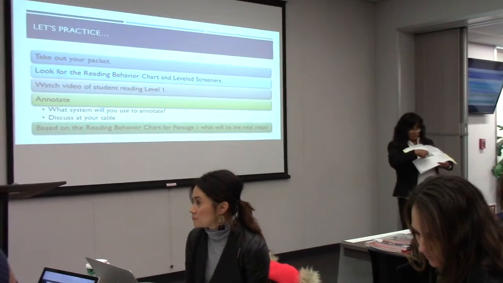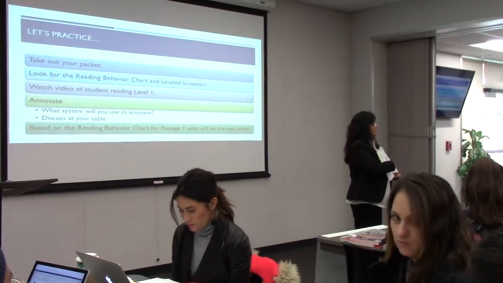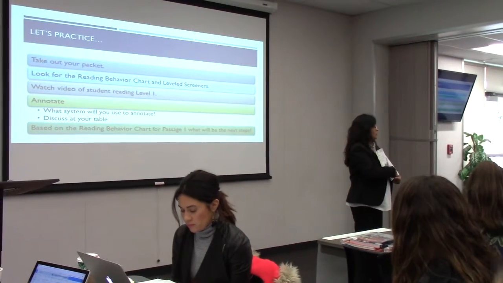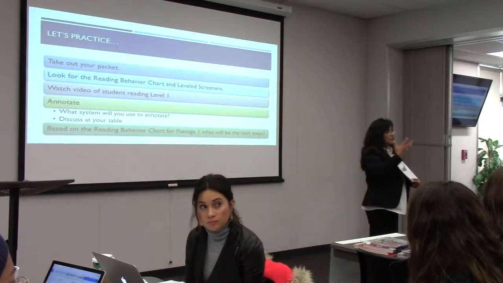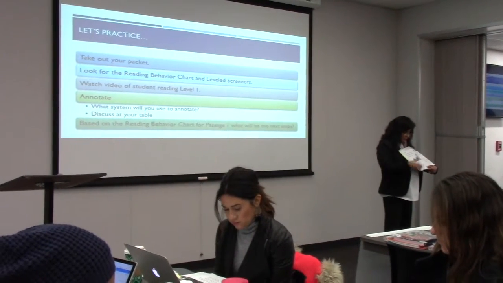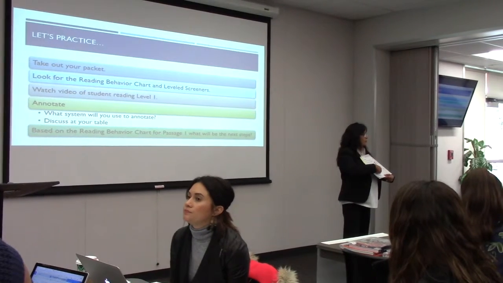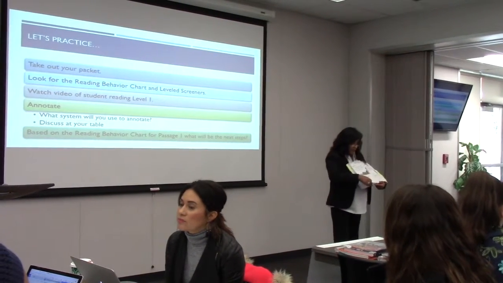We can do little tallies, and we can write little notes of behaviors you observe, even fluency and intonation, whatever you feel you're observing that child do, besides ticking that it's correct or noting what they said instead.